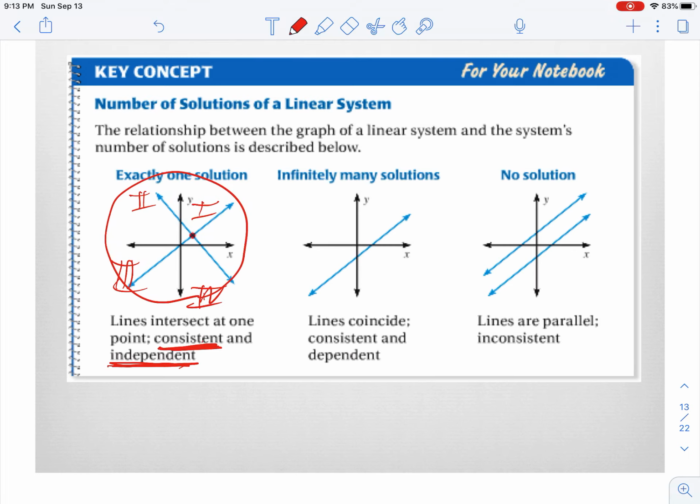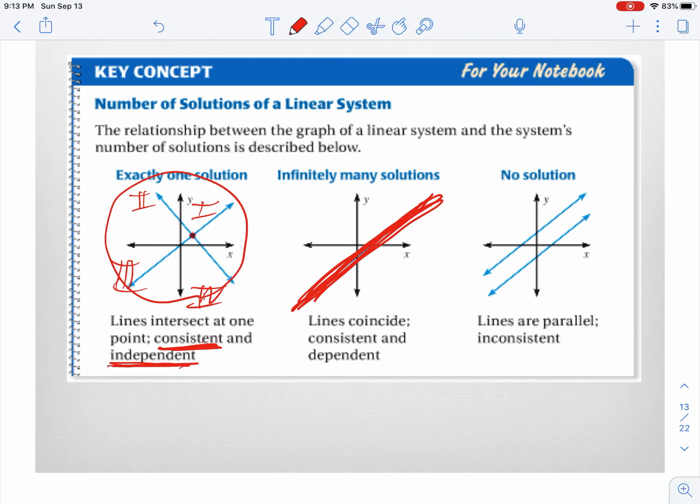The second type that you might run into is that really it's the same line, it just looks different. It's been multiplied by something on both sides or divided by something on both sides to make it look different, but in essence it is the same equation, one line graphed right on top of the other.